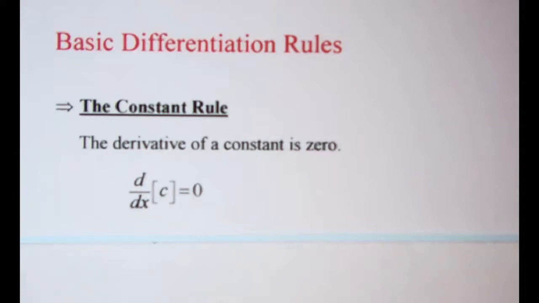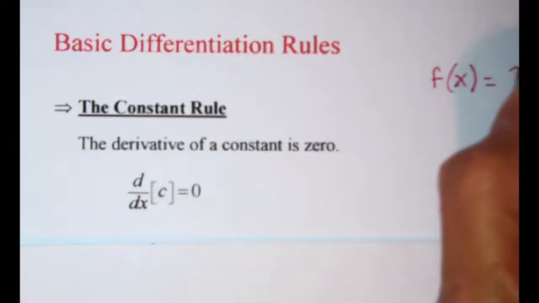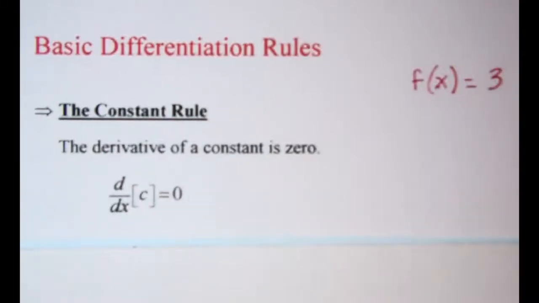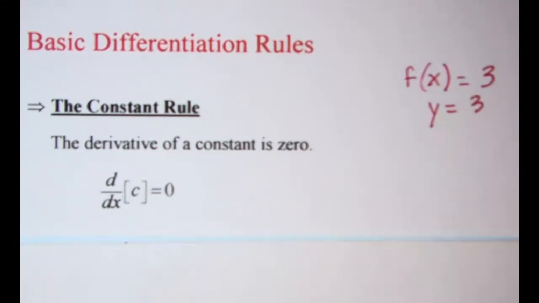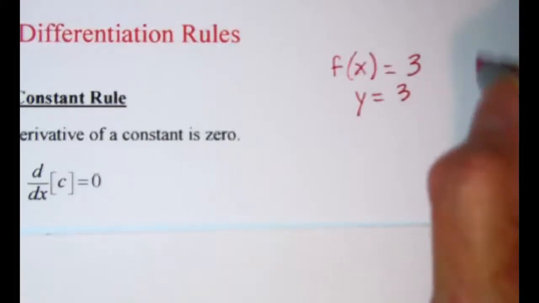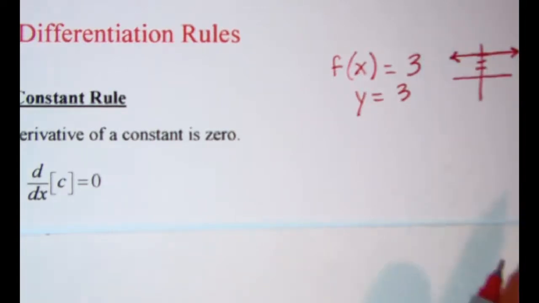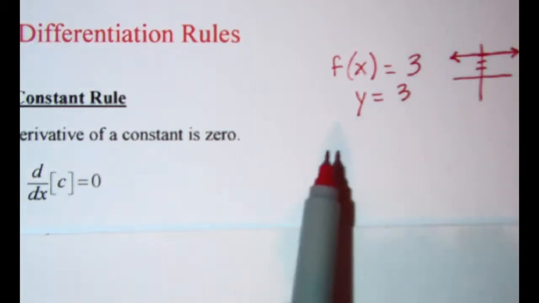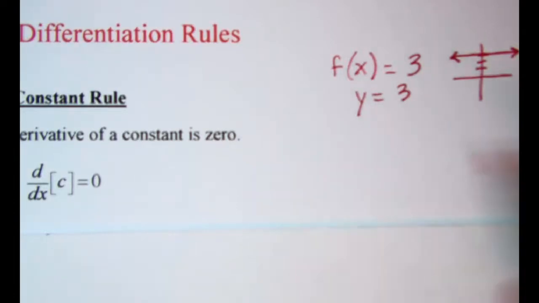Now, to get an intuitive feel for this rule, if you let our function be f of x equal 3, this is the same as y equals 3, which is a horizontal line through 3. Now recall that from the limit definition of derivative, we went on to say that the derivative is just the slope of the graph of our function.